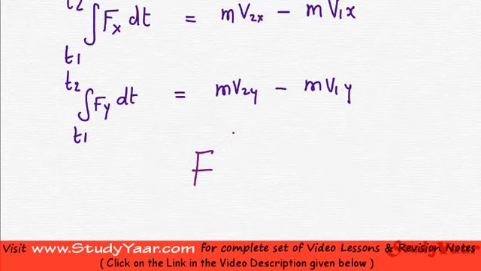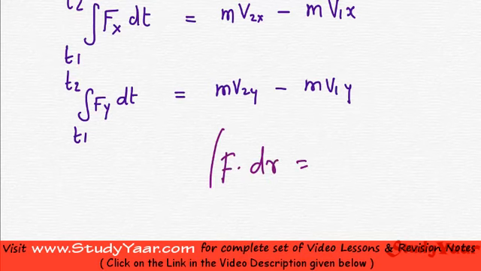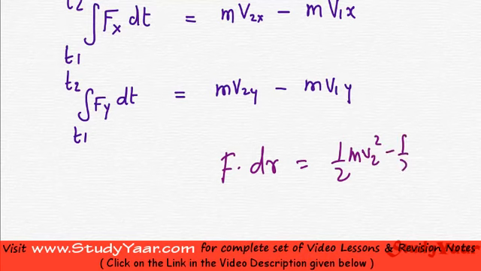If you are given distance, we know that F dot dr, the work done, is equal to the change in kinetic energy, half mv2 squared minus half mv1 squared. Here you have a relationship between force, displacement and velocity.